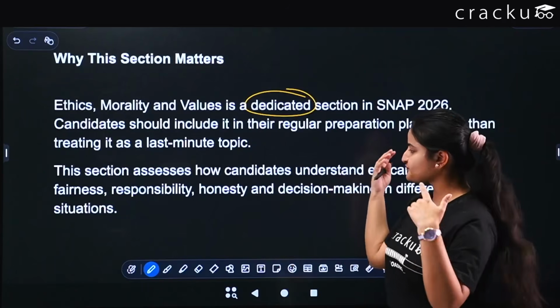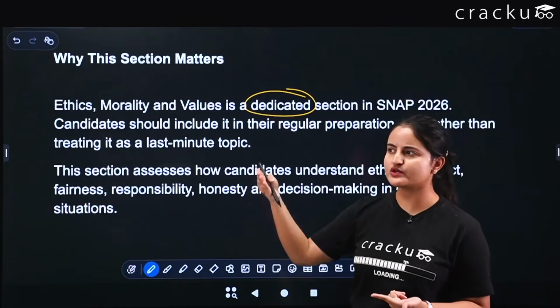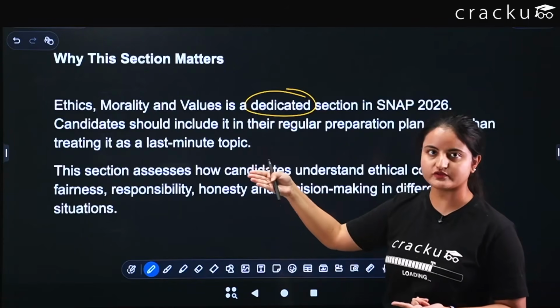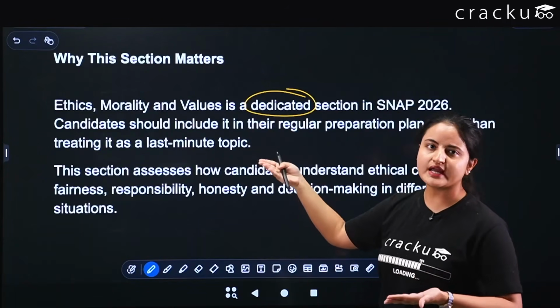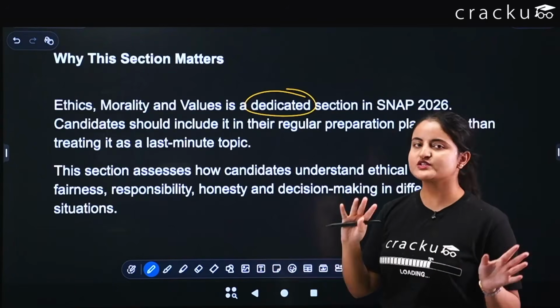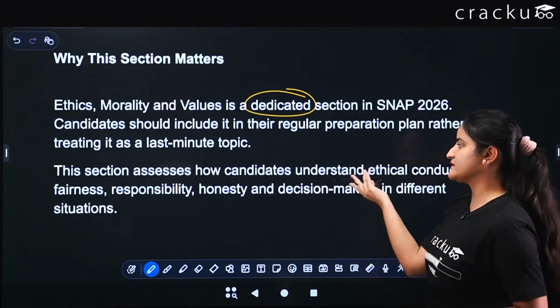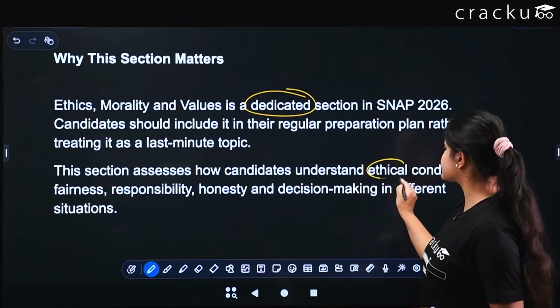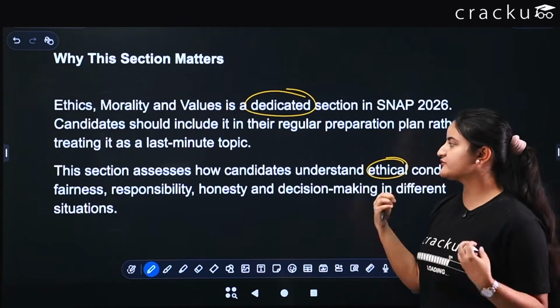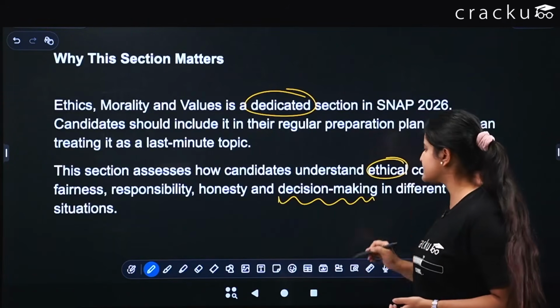That's it. Also, the questions will not take much time to read because you will have about 4 lines of question, maximum 5 lines, and then 1 or 2 lines of option. So you can do it quickly, right? This section would assess how candidates understand ethical conduct, fairness, responsibility, honesty and, of course, as I said, decision making.